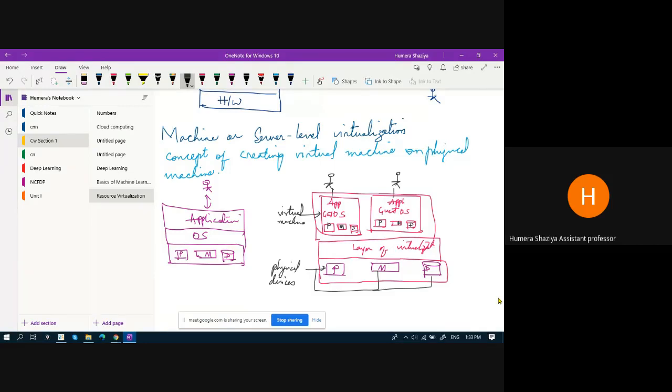And this layer of virtualization is also known as hypervisor or virtual machine monitor.